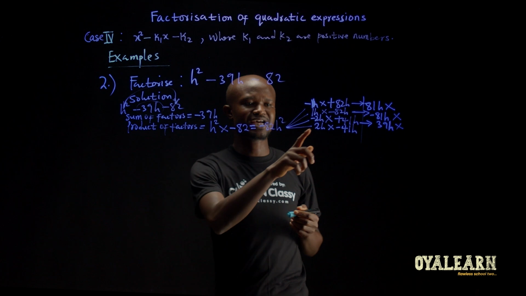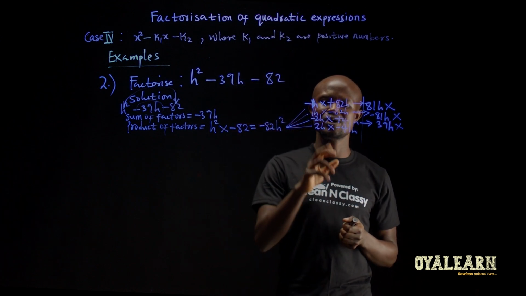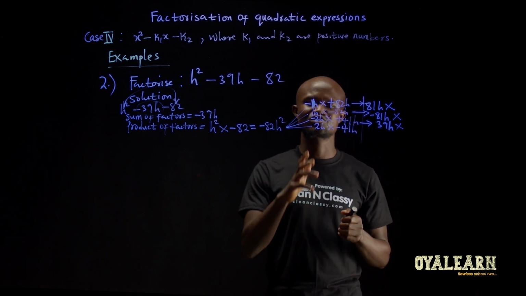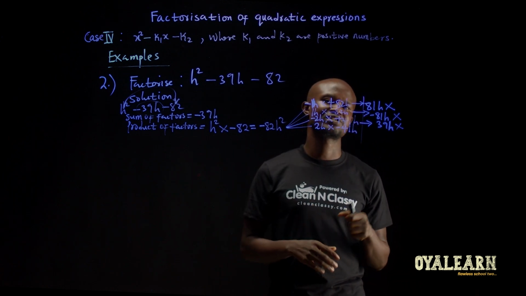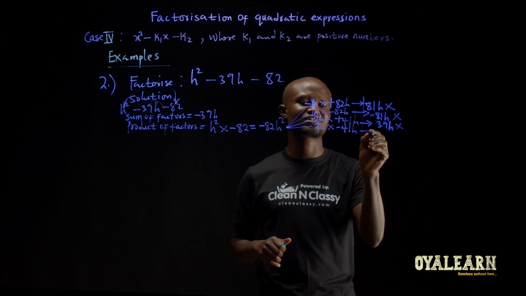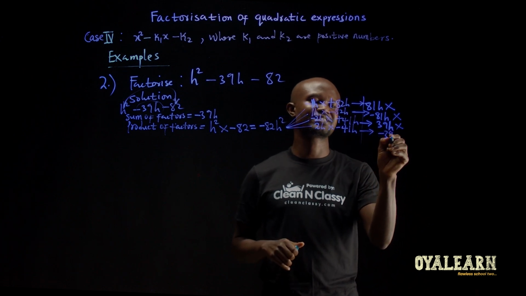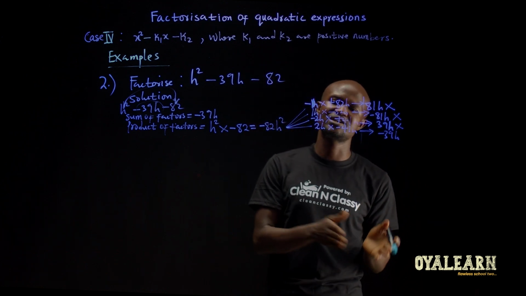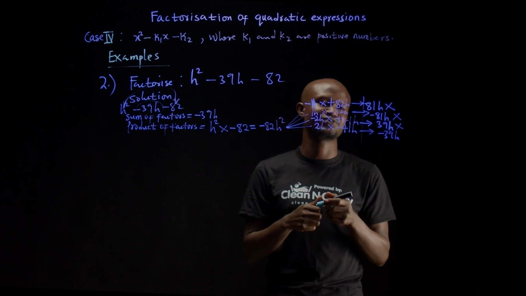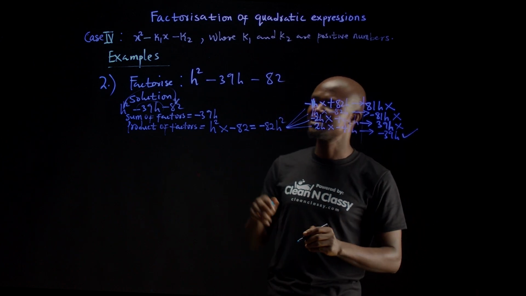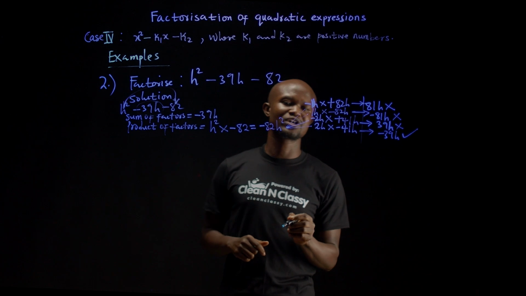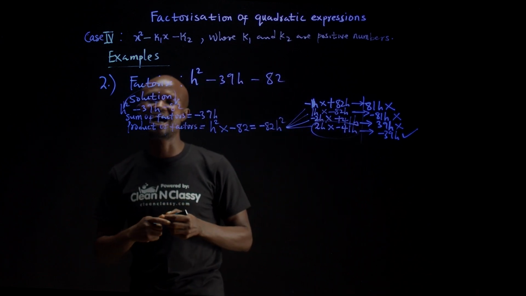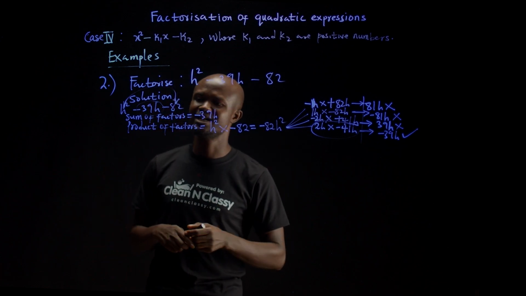Now, let's check the last one. 2h plus minus 41h. That's 2h minus 41h. And that will give us minus 39h. Because we are taking away bigger number, which is 41, from 2. So we are going to have negative. So this satisfies the sum condition. So it means that the two sets of values we are going to use are 2h and minus 41h.